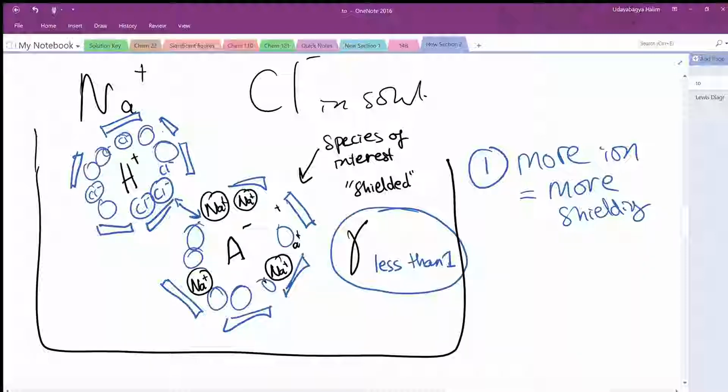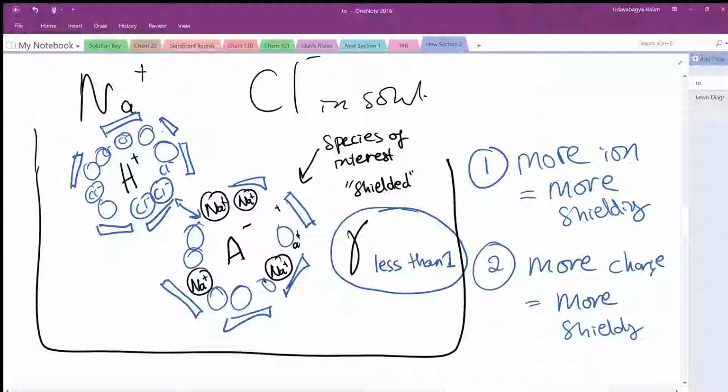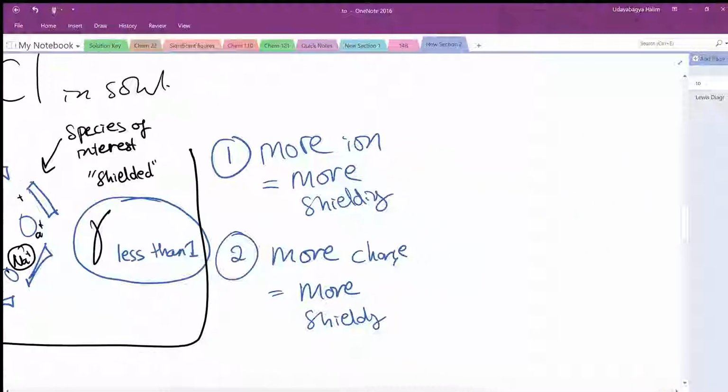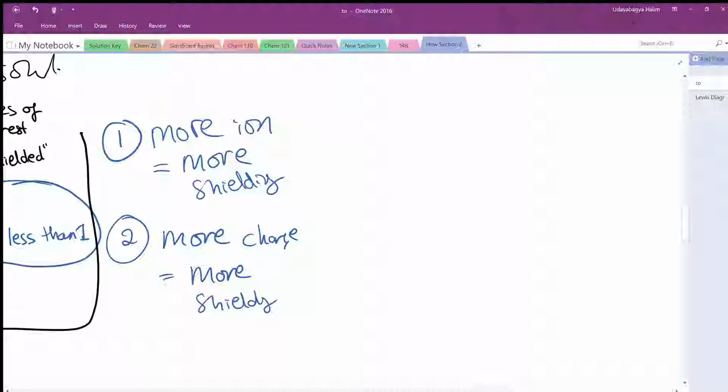So yeah. Number 2, if your species have more charge, then you should also have more shielding. And what I meant by that is that suppose that I have a +1 charge, this is your species of interest, then it's not going to accumulate as much negative charge around it.